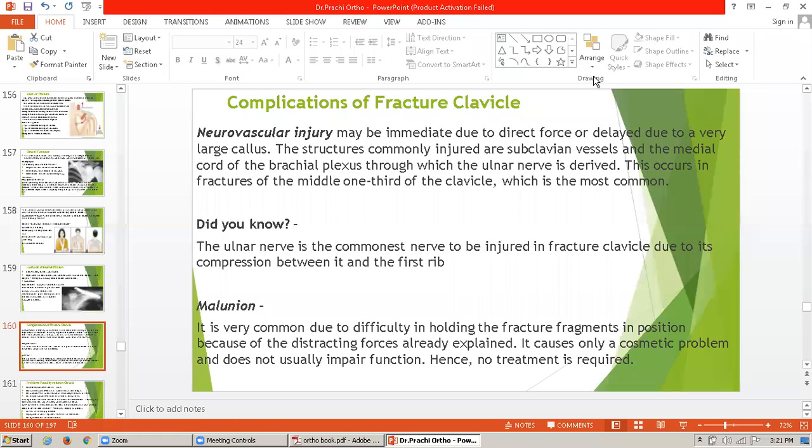Malunion is very common due to difficulty in holding the fracture fragments in position because of distracting forces, and it causes only a cosmetic problem and does not usually impair function. Hence, no treatment is required.